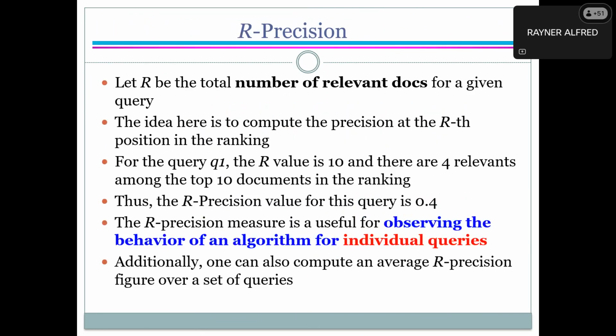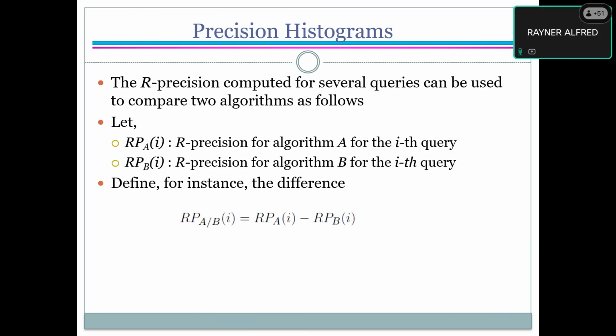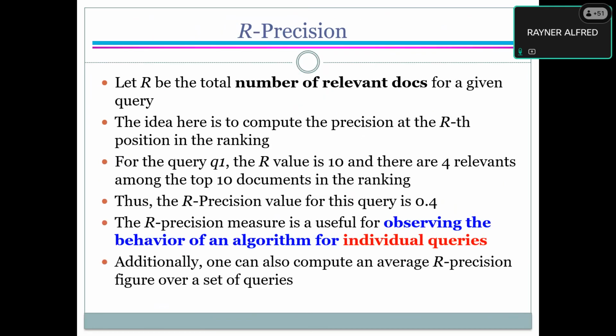Okay. For the R precision, this is another metric that we use. This is the combination of R and P. For example, like this, they're looking at the number of relevant documents for a given query.